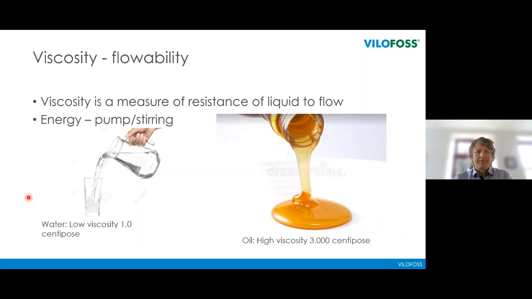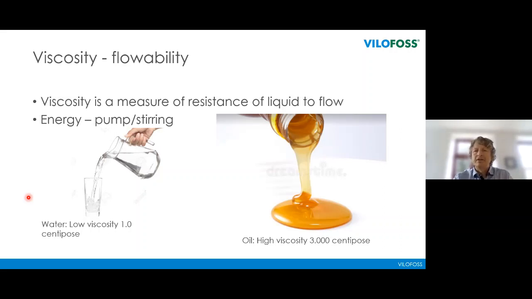Just to give a few examples, we know water has a low viscosity as it has a low resistance to flow. So it's easily transported, and you can see when we empty the can, it's poured out very fast. There's actually a definition that water has a viscosity of 1 centipoise.